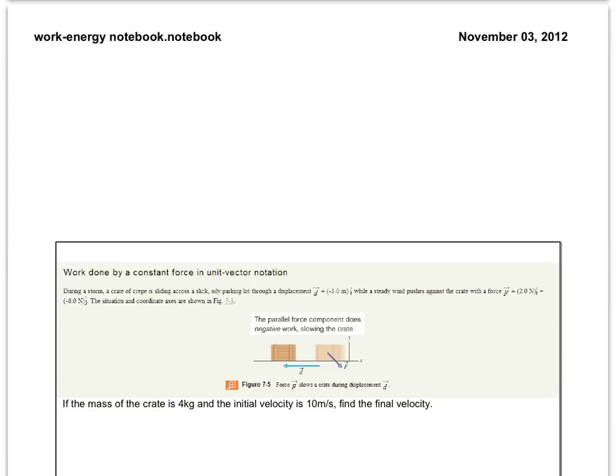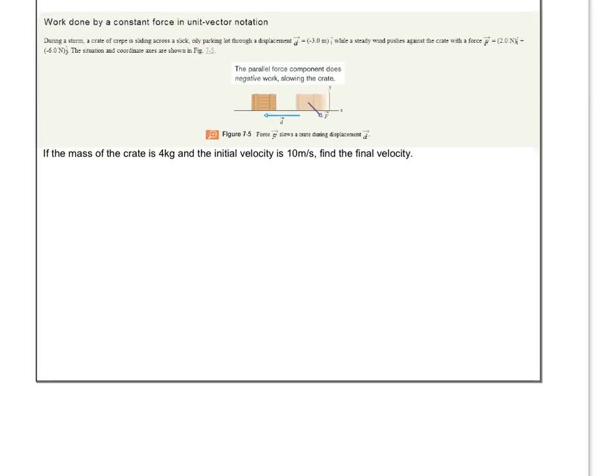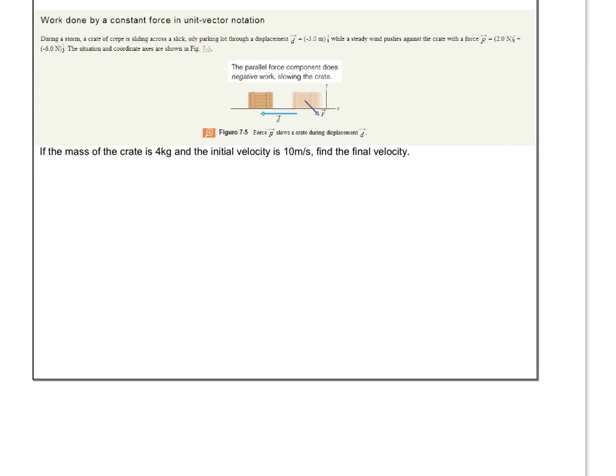So let's see how we can use this theorem. So imagine that we've got this crate and it is being displaced by a certain amount, and its displacement equals negative 3i. And there's a force going in the opposite direction, which is 2i minus 6j.